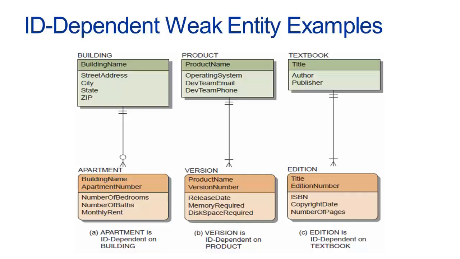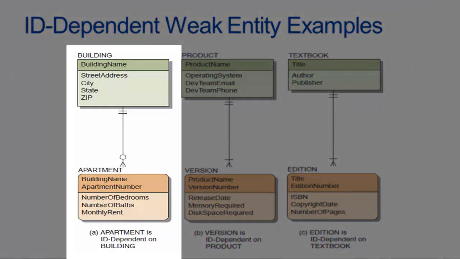Here we see some examples of these ID-dependent weak entity relationships. In the first case, we may have a parent entity, which we will call building, and a child entity, which we will call apartment. In this model, an apartment cannot exist without belonging to a building, and this constraint is enforced by making the building name a component of the primary key for apartment.